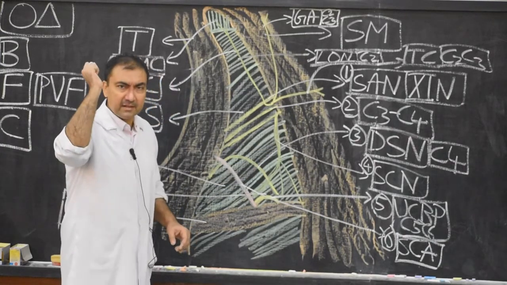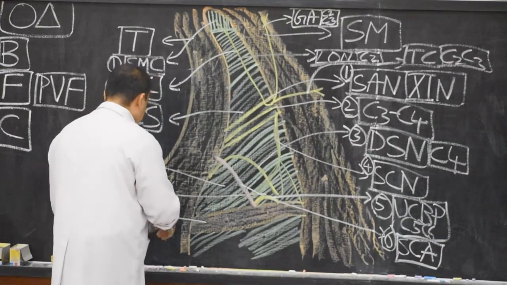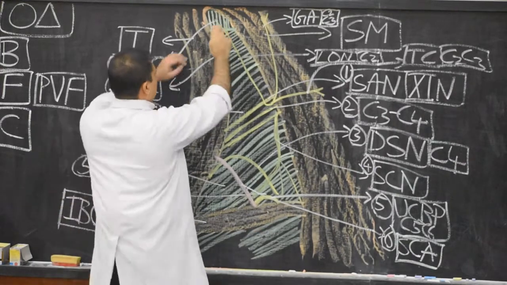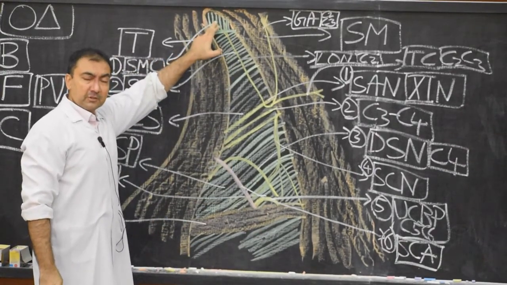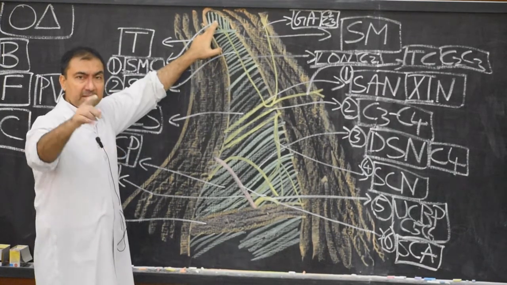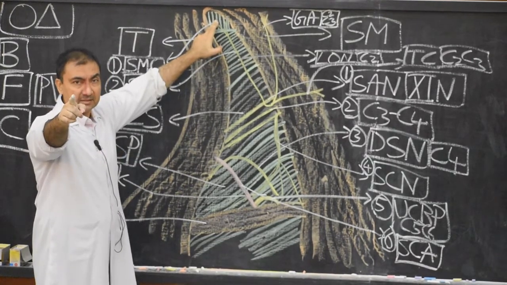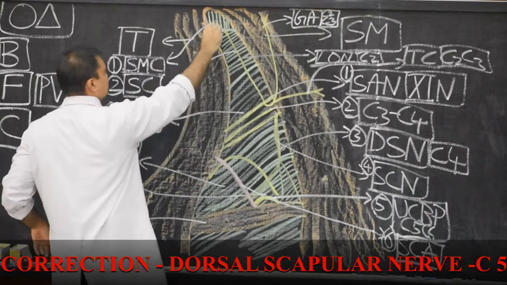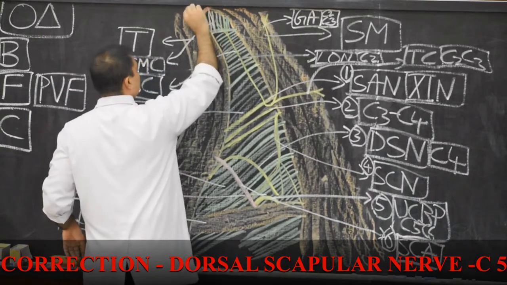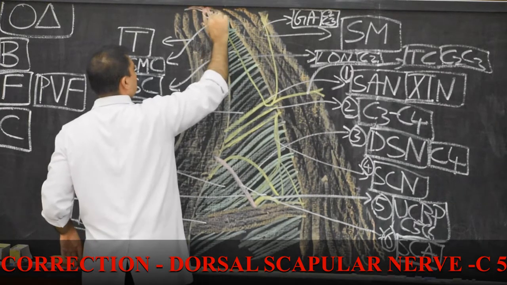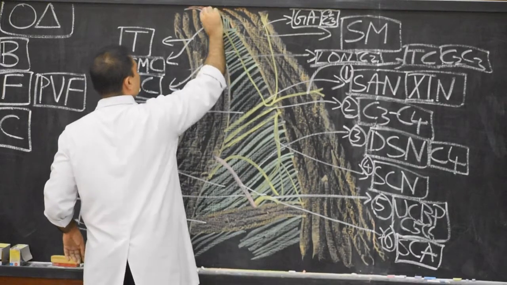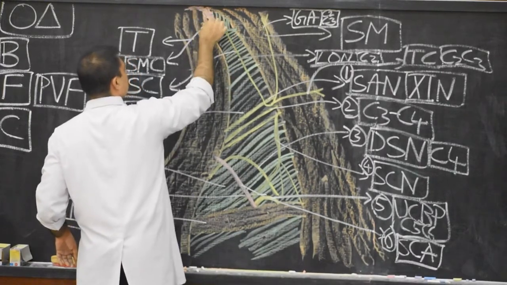And the last, content number 7, very interesting. Come to the apex. Apex is formed by which muscle in the floor of the occipital triangle? Where my finger is pointing? Semispinalis capitis. So on semispinalis capitis, here we draw one artery, slightly tortuous.